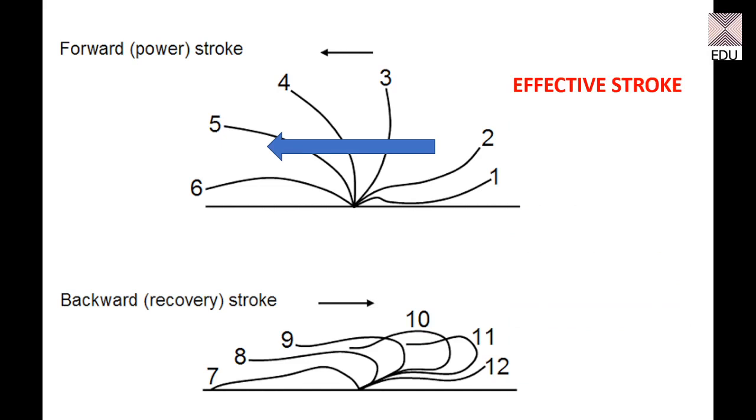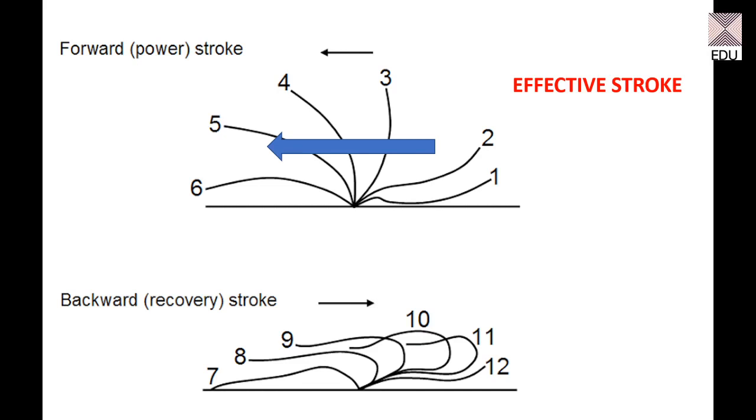Effective stroke means that it will apply force onto the water to push it towards the left side. This stroke of the cilium from 1 to 6 is called the effective stroke. It is also called the power stroke. In this stroke, the water moves from right to left.